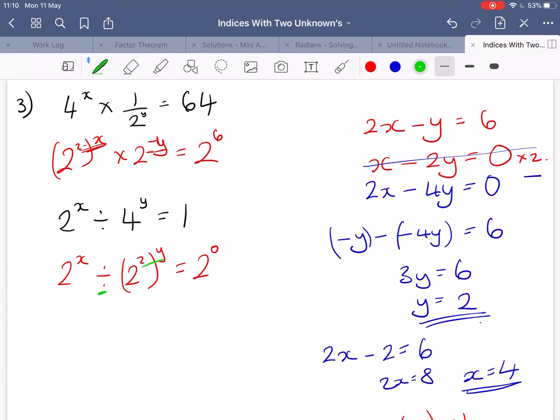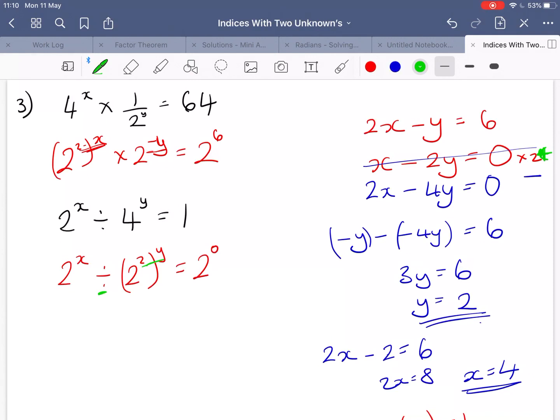So that's the second equation. I think I've done this one wrong. So I've got 2x minus y equals 6. I should have x take away 2y equals 0. So hold on. Oh yeah, I have, sorry. Which is this equation here. But then I've gone on and I've doubled that equation to get my number of x's the same.